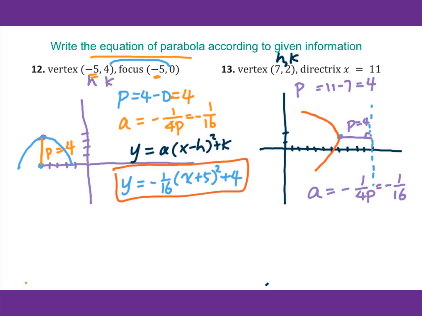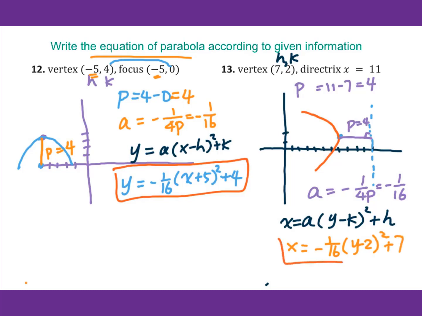Then we can write down the equation. Standard form will be x equals a(y minus k) squared plus h. Therefore, we got x equals negative 1/16 (y minus 2) squared plus 7. This will be the equation of this parabola.